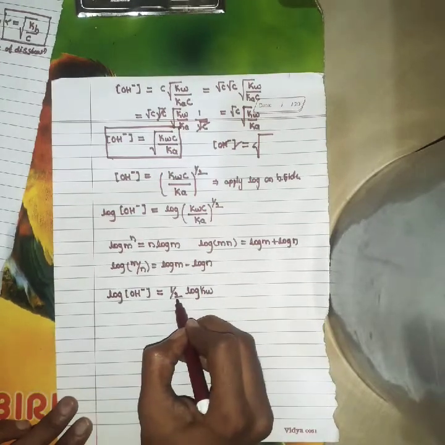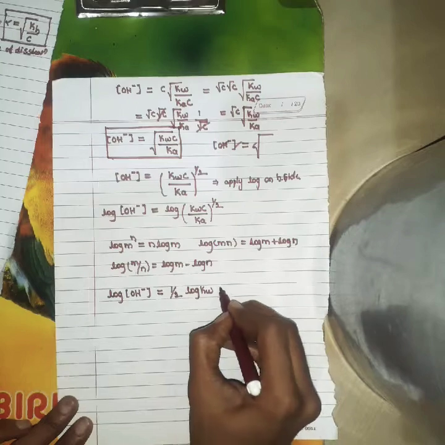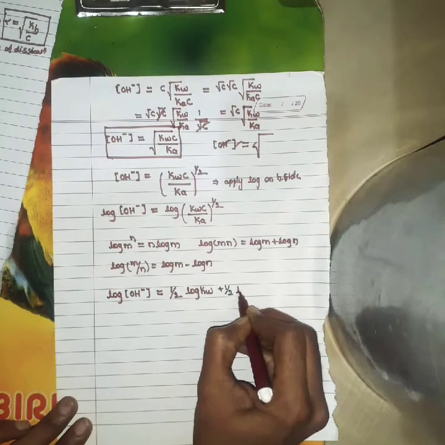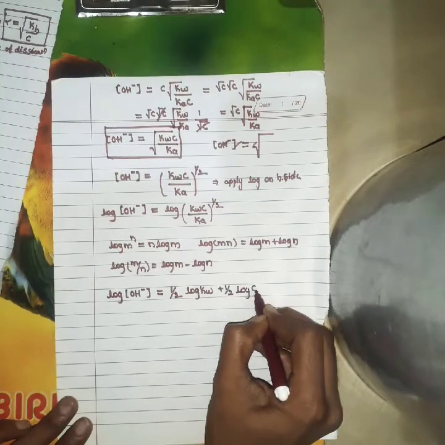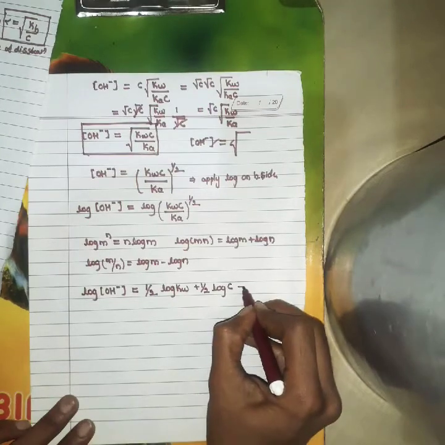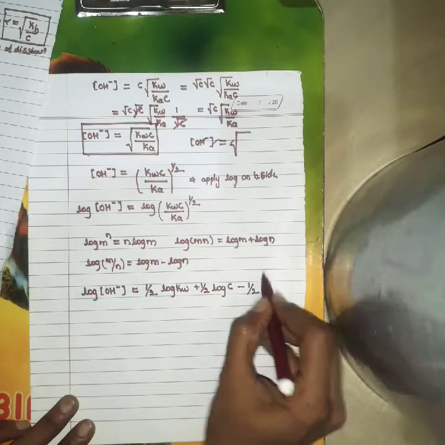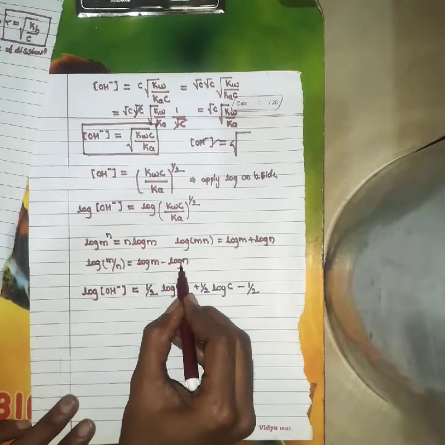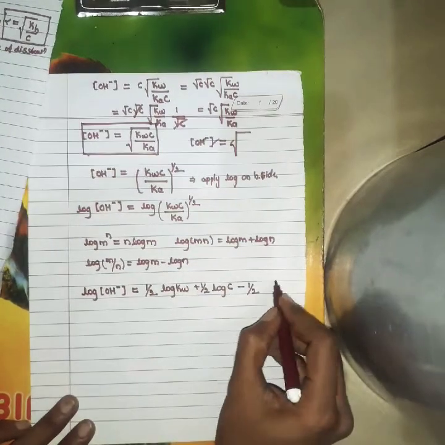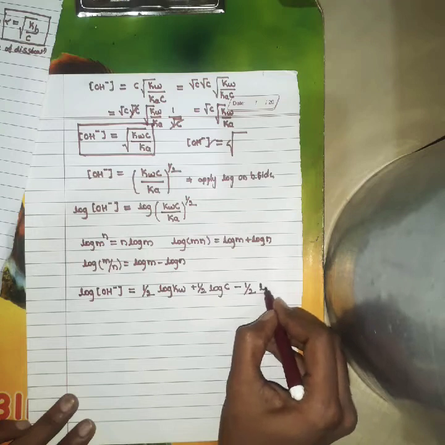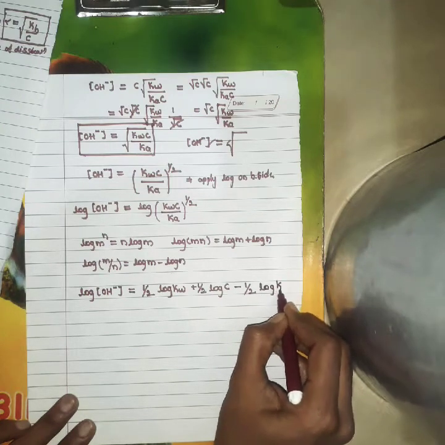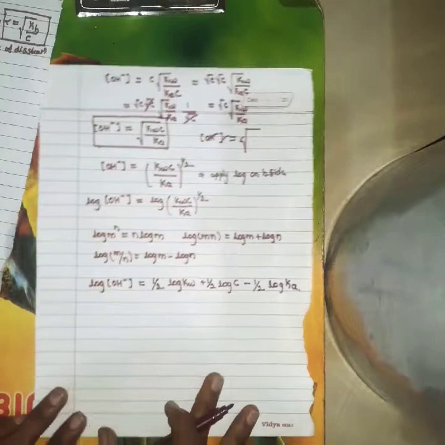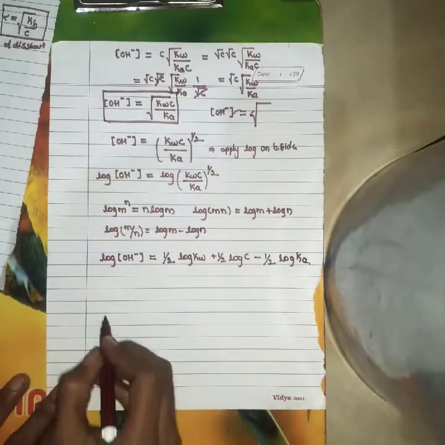So 1 divided by 2 log of Kw plus 1 divided by 2 log of C, then minus 1 divided by 2 log of Ka, because for division, log m by n is log m minus log n. This is the simplified equation.